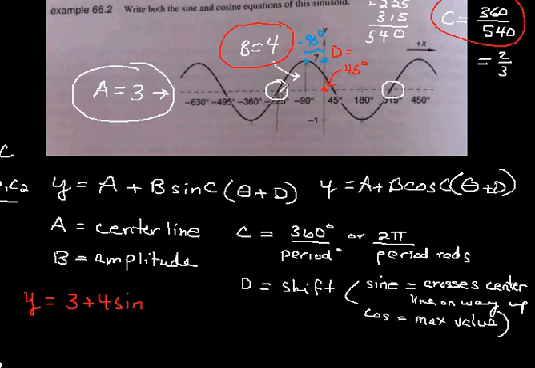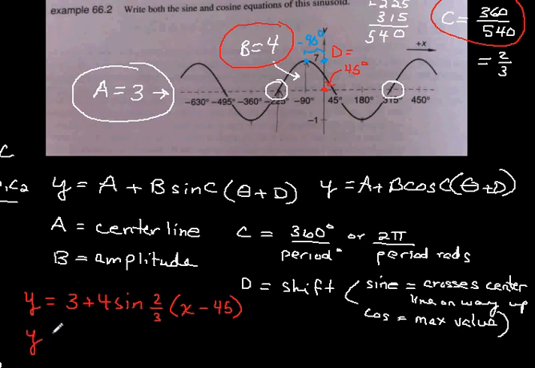Now just keep in mind you go from crossing to crossing, figure out how many degrees that is, and divide that into 360. So that would be 2/3. This is x, so instead of writing theta, we would just write x. And for the sine curve, it's shifted to the right 45, so we subtract 45. And that would be the equation of this sine curve.